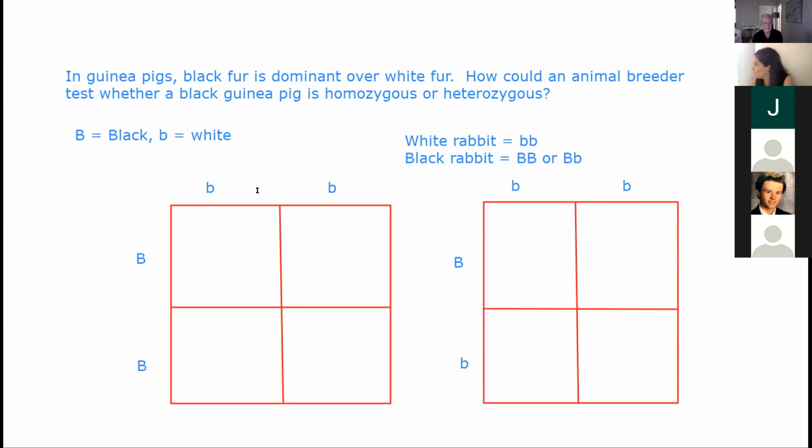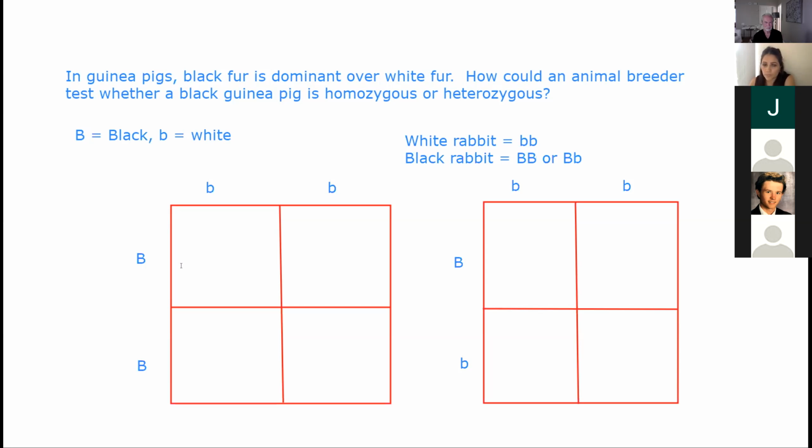Does everybody understand why we set these 2 different squares up the way we did? Okay, silence is not helpful, but we're going to assume that everybody now understands that we're still doing a white rabbit crossing with the 2 different possibilities here for the black rabbit.